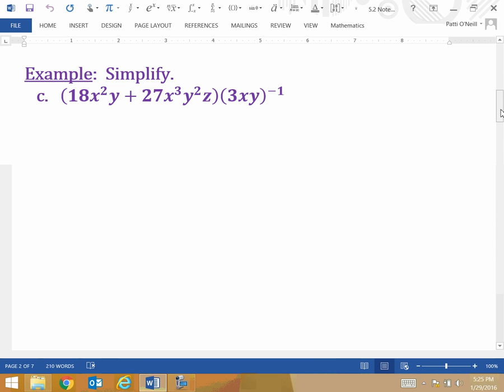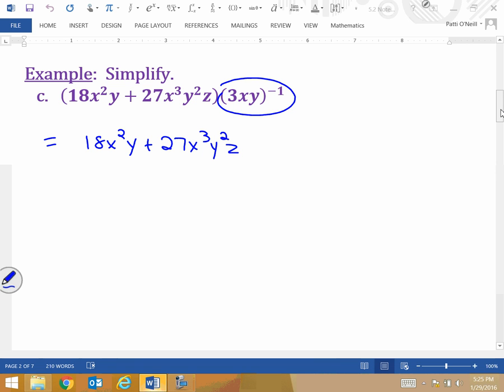Now, this piece to the negative 1st here, 3xy to the negative 1st, this is really a multiplication problem. So you might be thinking, why is this in the division section? If something is raised to the negative 1st power, remember, we can rewrite it with a positive power if we change the part of the fraction that it's in. So this is equivalent to 18x squared y plus 27x cubed y squared z divided by 3xy all to the 1st.